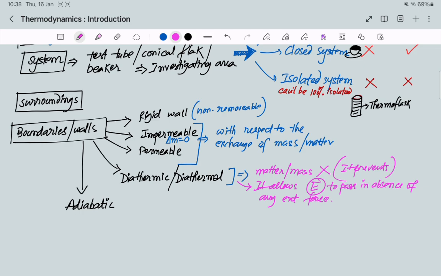Okay, but a diathermic wall always allows energy to pass, but it will prevent the passage of matter or mass. And when it is allowing the passing of energy, that means the system is not under any external force. Clear?